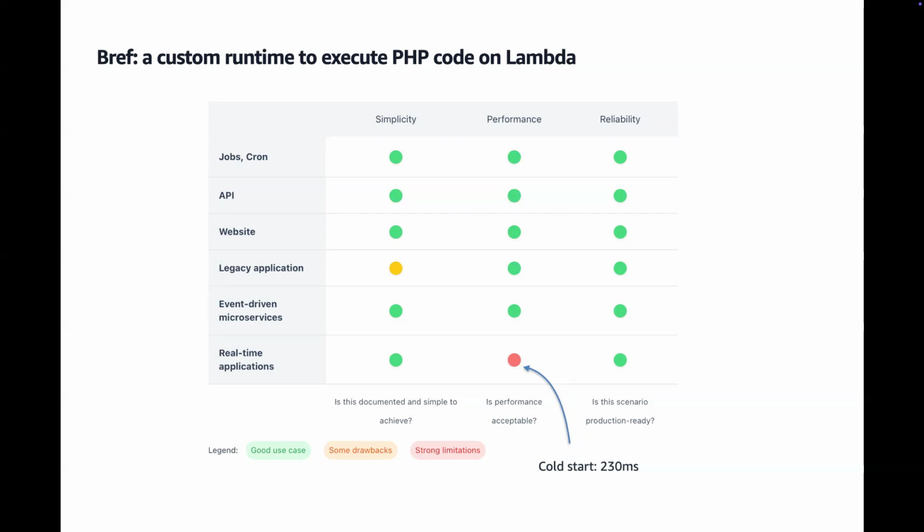So the Bref runtime itself starts in 230 milliseconds. You can provision some Lambda if you don't want to experience cold start. But if you want to be totally safe, maybe it's not the right thing for you.